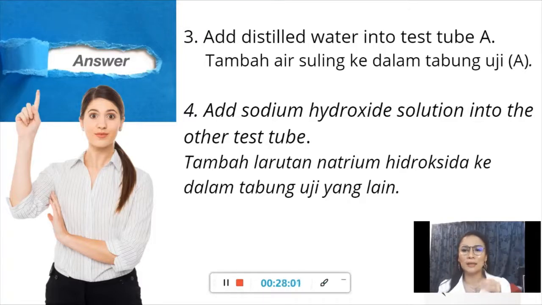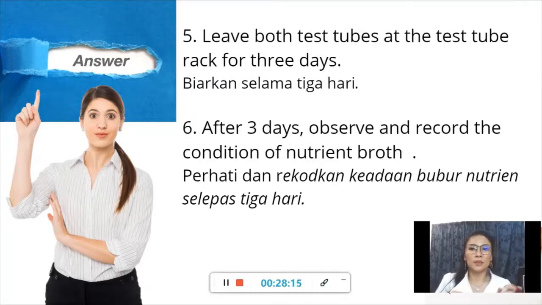Tambah larutan natrium hidroksida ke dalam tabung uji yang lain. The other tabung uji means it is test tube B. So leave both test tubes at your test tube rack for 3 days. Leave it aside for 3 days. Biarkan selama 3 hari.